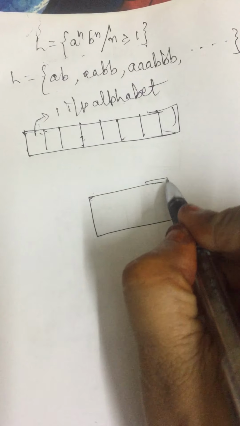So, the model of PDA consists of the input tape. The tape consists of cells. Each cell can handle one input alphabet. And here you will be having a finite control.